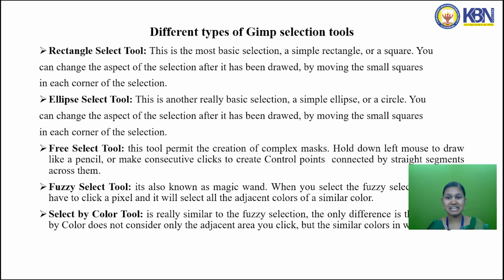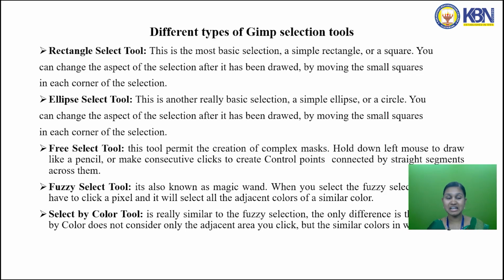Now, the free select tool: as we recently saw, wherever you start at a particular point, the shape will be concluded at that starting point only. This tool permits complex masks. Hold down the left mouse button to draw like a pencil, or you can create control points also.